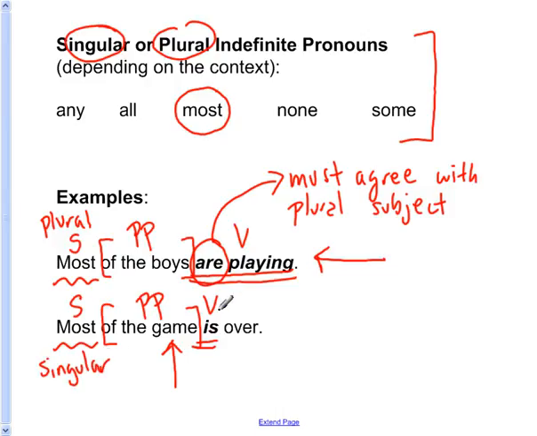Therefore, the form of the verb must agree with the singular subject, and that is. And we know that because the hint we had earlier is most of the time the form of the verb that agrees with the singular subject has an S on the end. And that is the case with the form of to be, in this case, is.